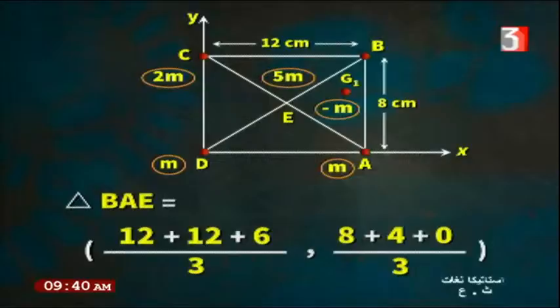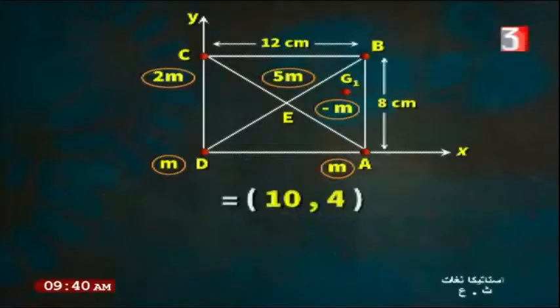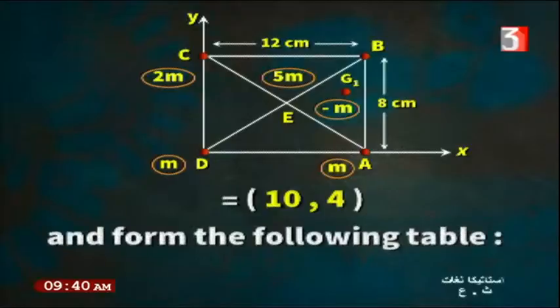At A, the point is (12, 0). Point B is (12, 8). Point E is (6, 0). Therefore we find the centroid of triangle ABE. Then we deduce that this point (10, 4) represents G1.